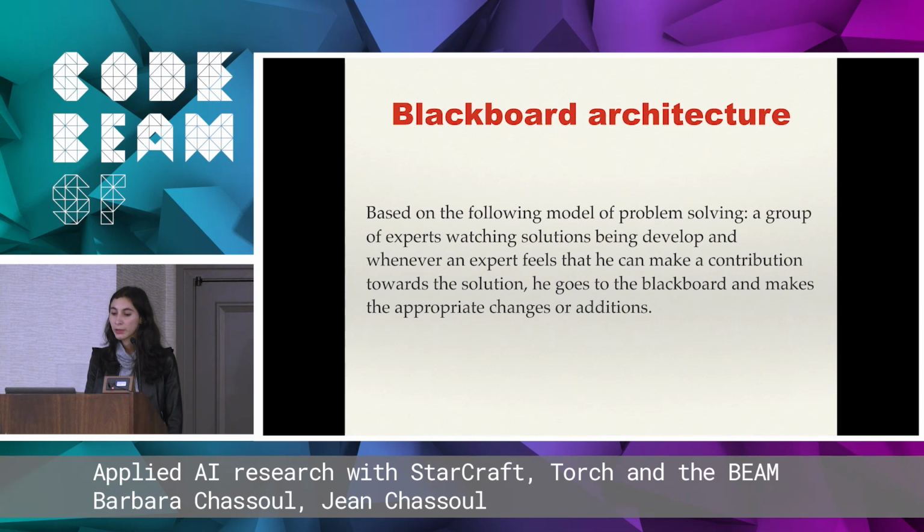The Blackboard architecture is based on the following model of problem solving. It's a group of experts watching a solution being developed. Whenever an expert feels they want to contribute towards a solution, they go to the blackboard and make the appropriate changes or additions.